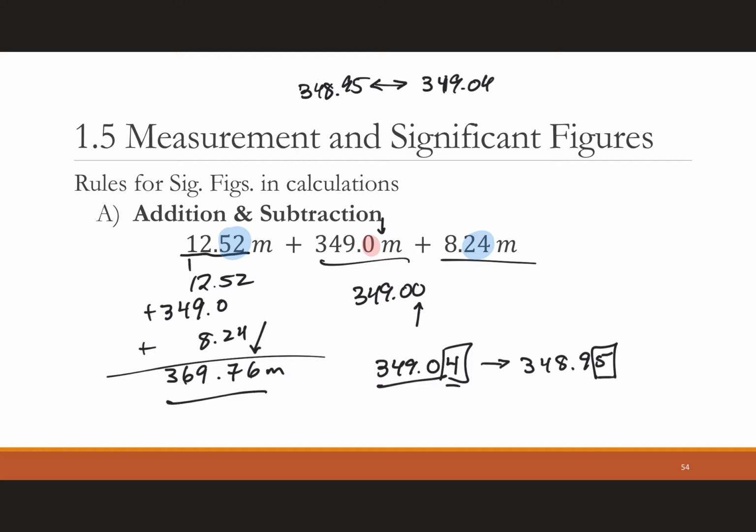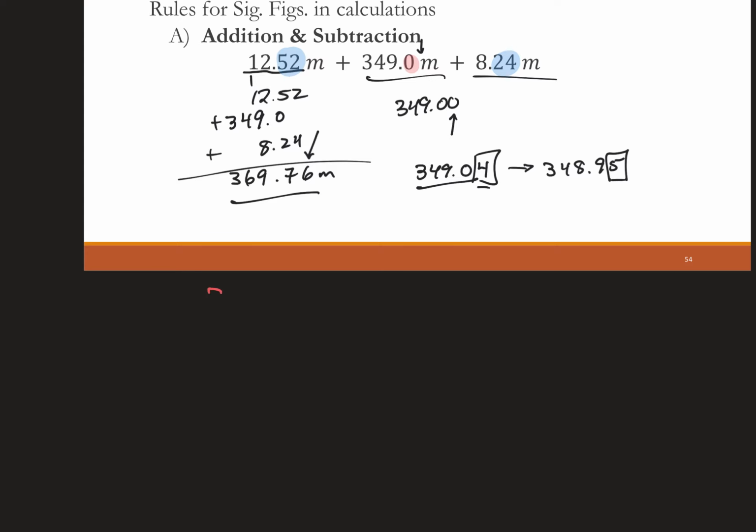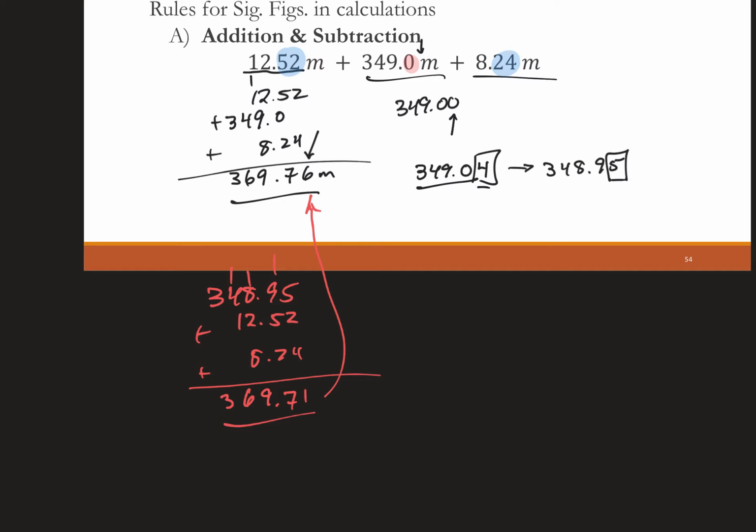If I had 348.95 instead, plus 12.52 plus 8.24, it's 369.71. It does not equal the 6 there. And that's why we can't use that last place value from the 349 or any of those measurements.